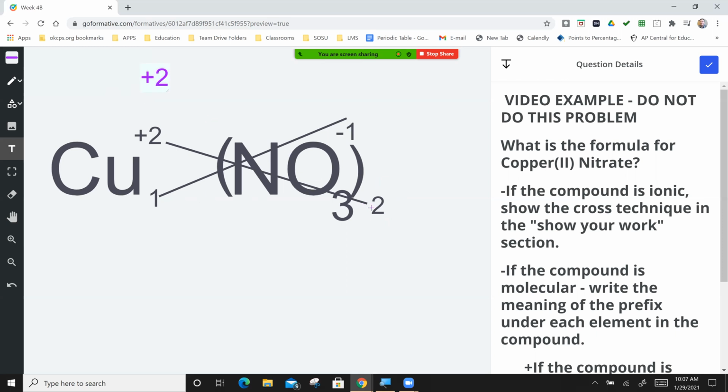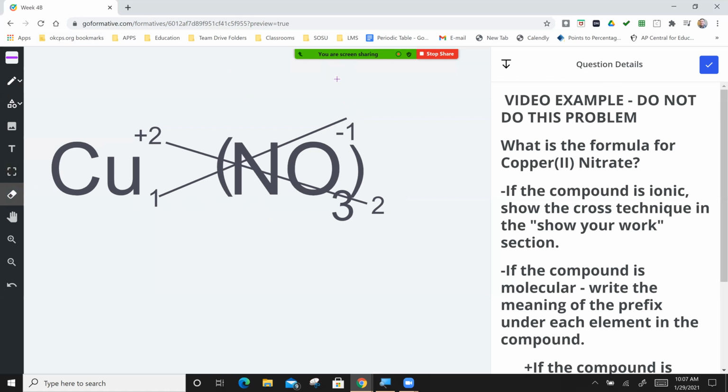If you take 2 times -1, you get -2. And so do you see when you have 2 plus -2, that gives you 0, right? 2 plus -2 gives you 0. You don't need to show that step, but that's the rationale behind that.